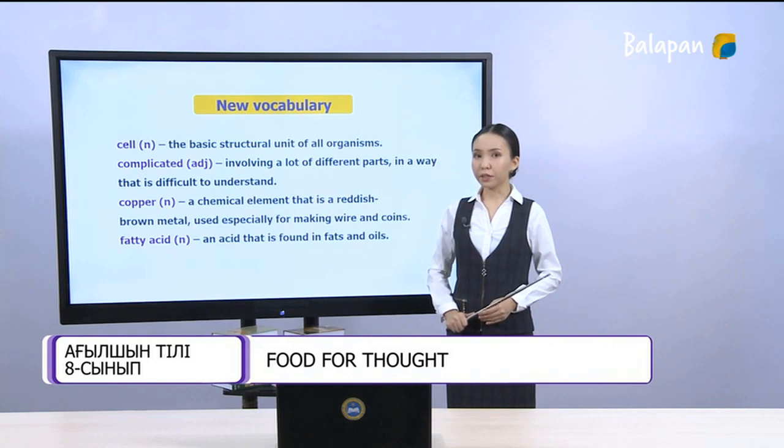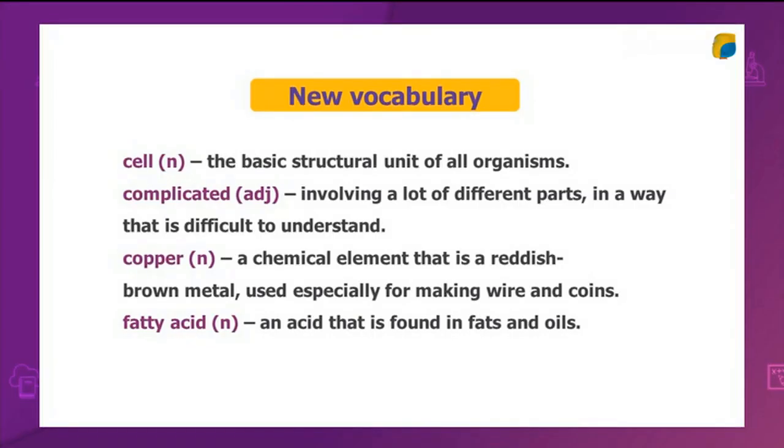Let's get acquainted with the new vocabulary related to our topic. I'll read each word twice and you should follow my pronunciation. Cell. Cell is the basic structural unit of all organisms. Complicated.